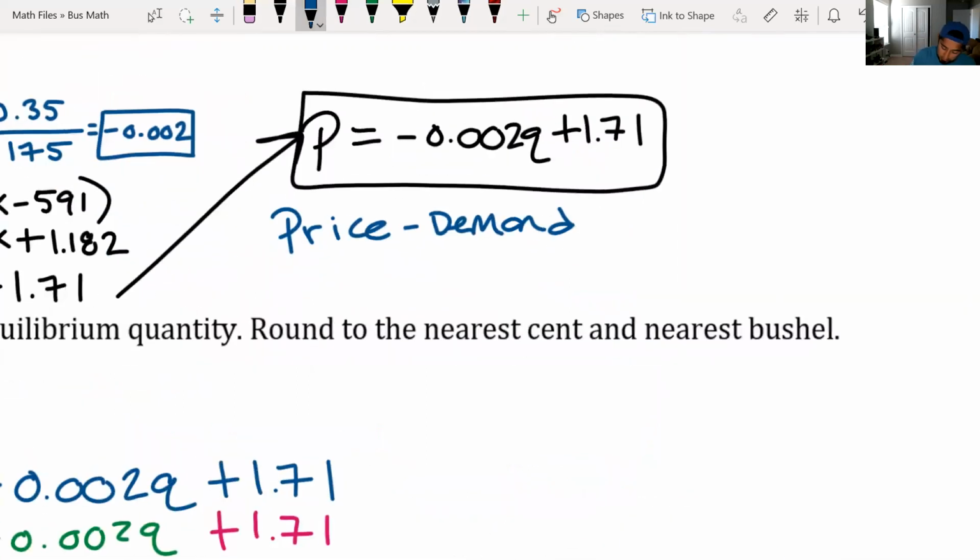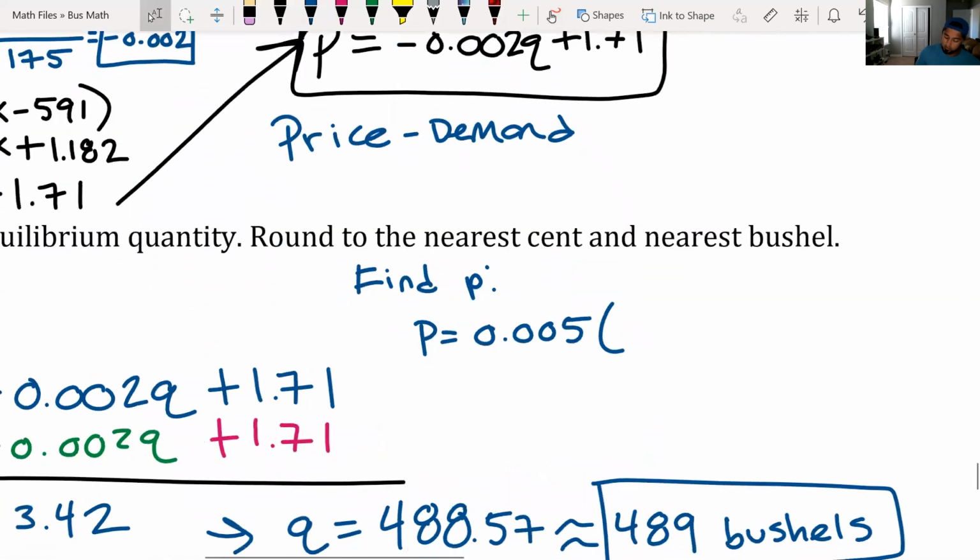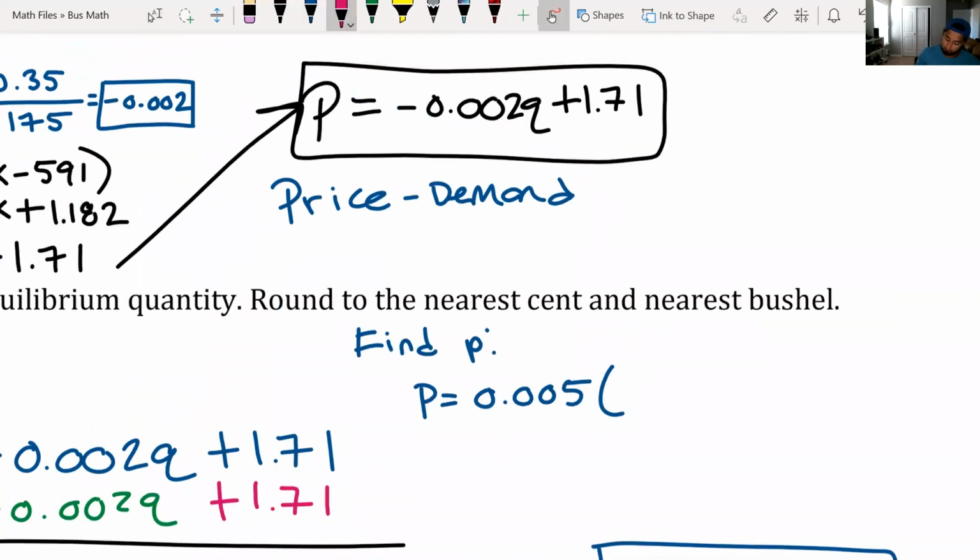Find P, and we have P equals 0.005 times Q, which is 489, minus 1.71, right?